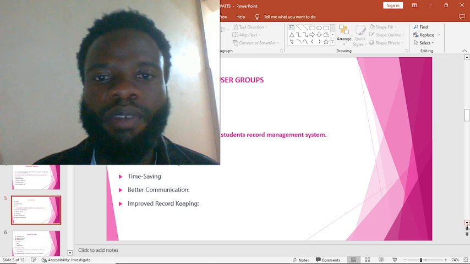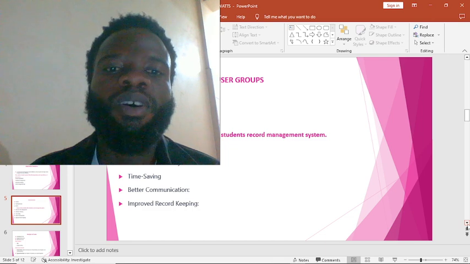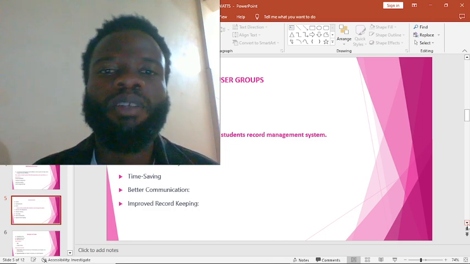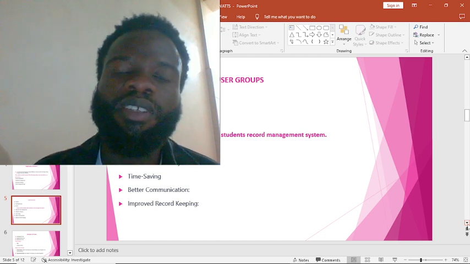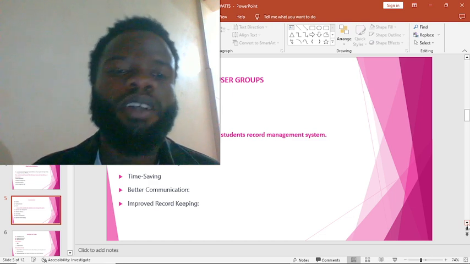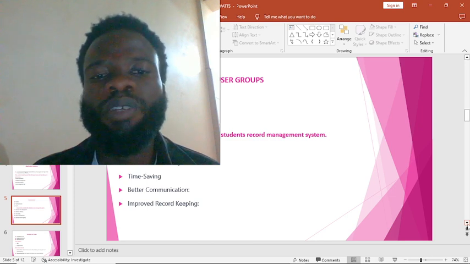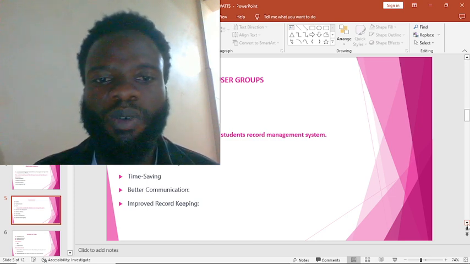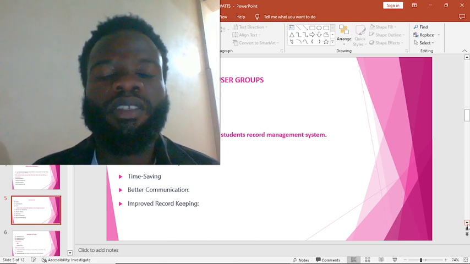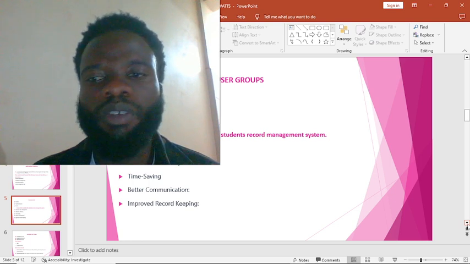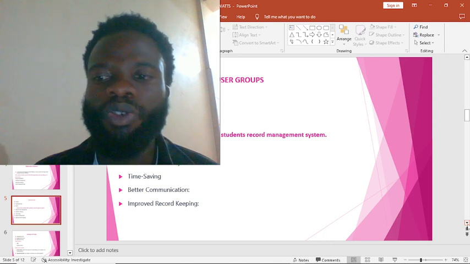The analysis of the benefits of the students' record management system: it improves data management, it enhances efficiency in recording students' information, it is time saving, it is better in communicating to students where students will be able to access the system. It also improves record keeping of students' information as well as institutions' information.